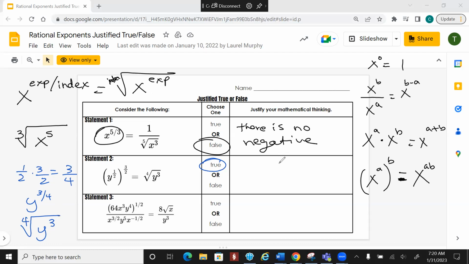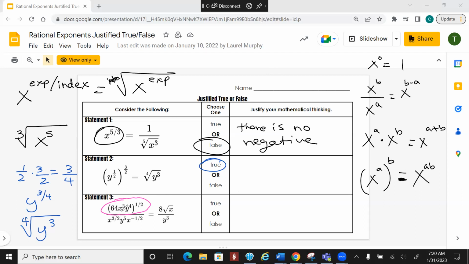Okay, the last one always freaks everybody out. So looking at this last one, I'm going to write it in here so you can actually see it. We're going to take this kind of like piece by piece. So we're just going to look at the top part. Okay, we have all these things raised to the 1/2 power. Well, if we have a power raised to a power, what are we going to do? Multiply, right?